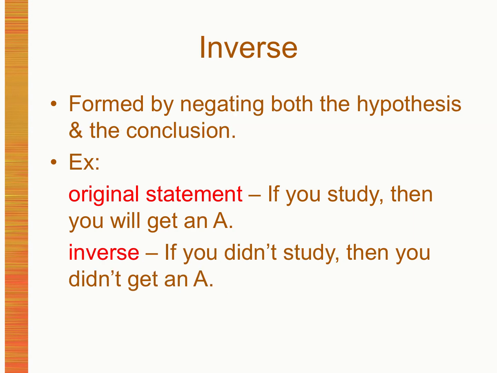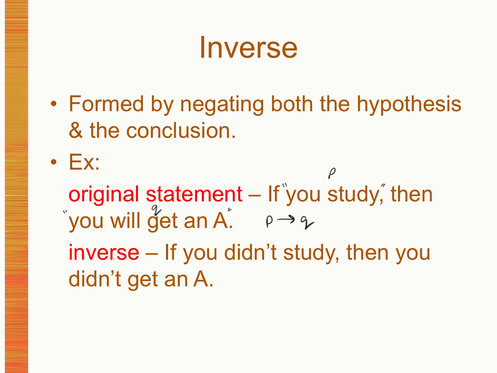An inverse is a little bit different, okay? An inverse is formed by negating both the hypothesis and the conclusion. Remember, we already talked about what negating was. So when we're talking about an inverse, if the original statement says, if you study, then you will get an A, if P, then Q. Remember, we got P, then Q, okay?